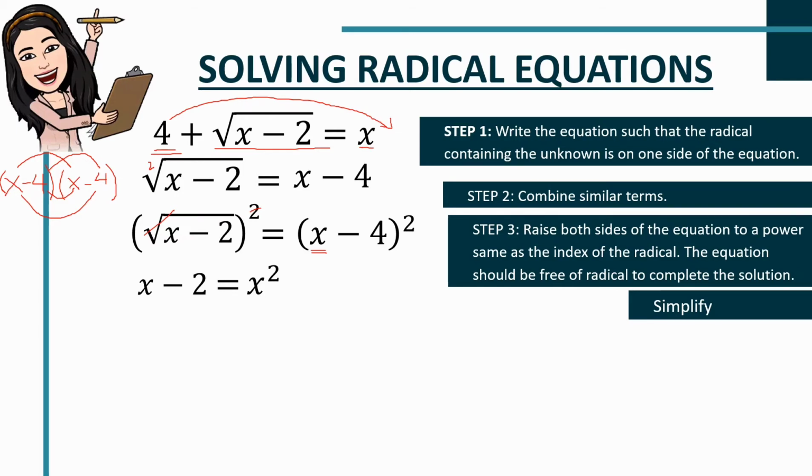Next, twice the product of the first and last term. Alin ba yung first and last term or first and second term? Okay, ito lang naman yon. Ibig sabihin, twice the product. Yung pag minultiply natin itong dalawa, i-multiply pa natin by 2 kasi sabi twice. So, what is negative 4 times x?